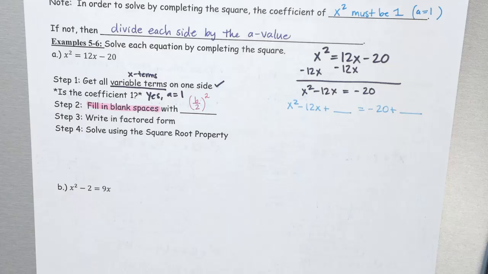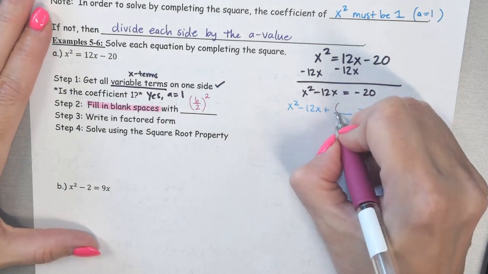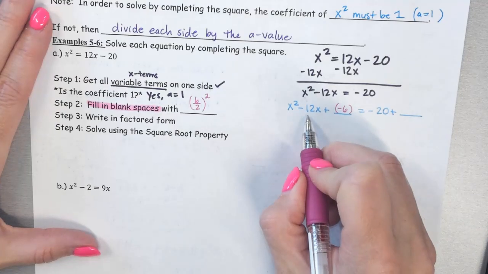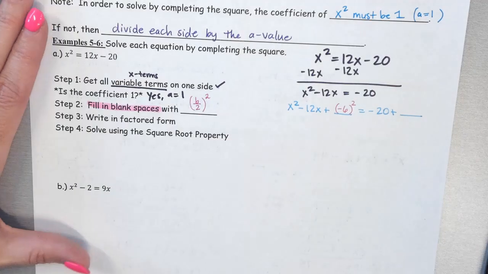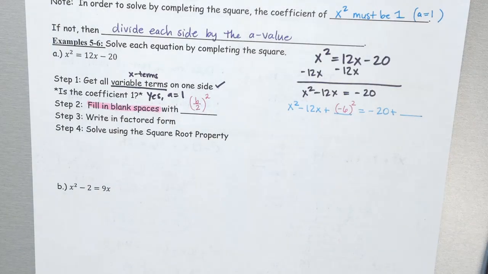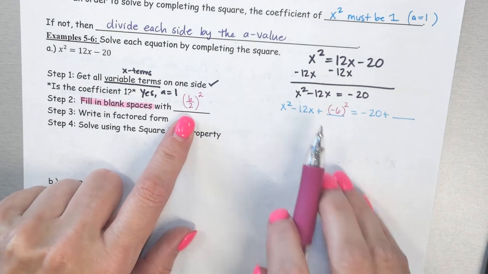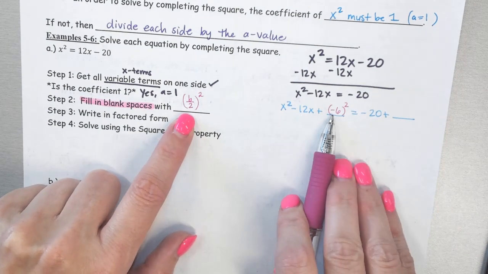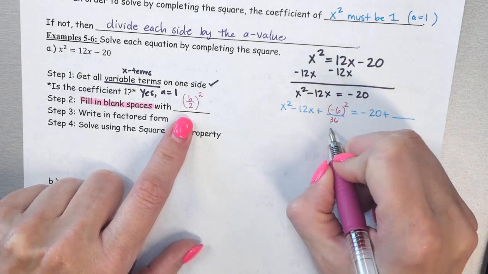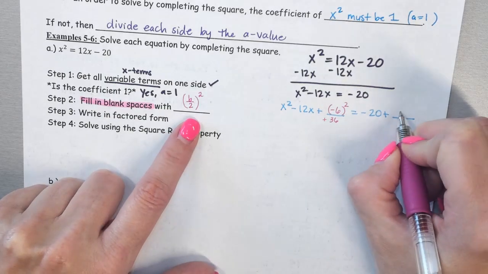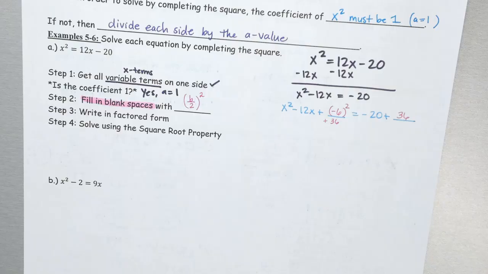If I do negative 12 divided by 2, I get negative 6, and then I'm going to square it. Negative 12 divided by 2 is negative 6 squared. Now I know that this is going to be 36. So if I'm adding 36 to this side, I have to add 36 to the other side. Mathematically, if you do something to one side, you have to do that to the other side.